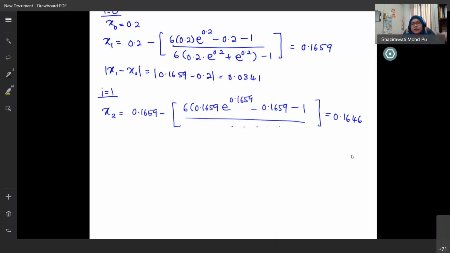You can just press the calculate button. But this is how you get the values in your table in the lecture notes. This is the manual calculation. Now I'm going to show in the calculator. You can speed up the calculation.